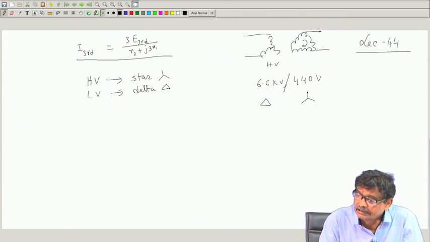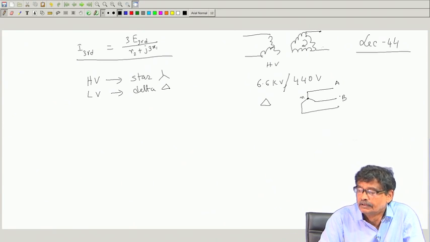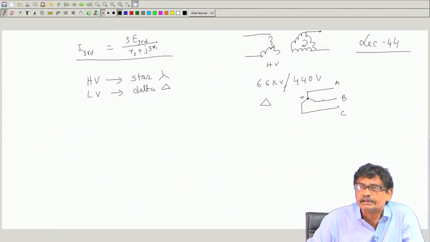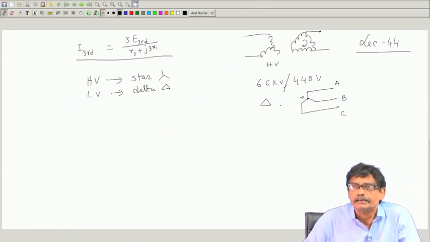And from this I will be able to supply A phase with neutral to a group of consumers, B phase and neutral to another group, and C phase to neutral to another group, 220 volt supply etcetera can be done, and everything is fine.